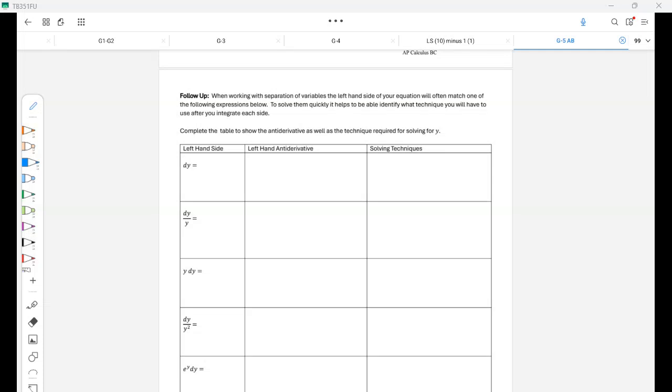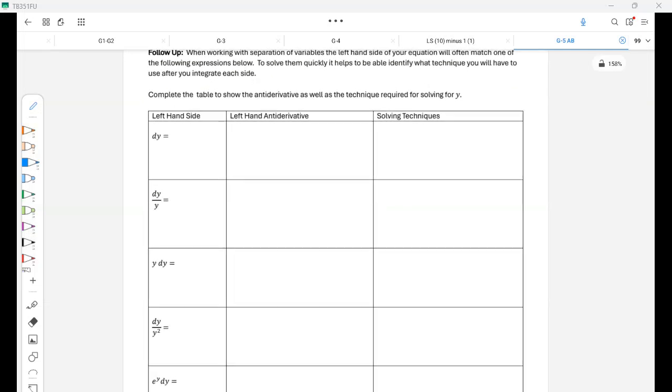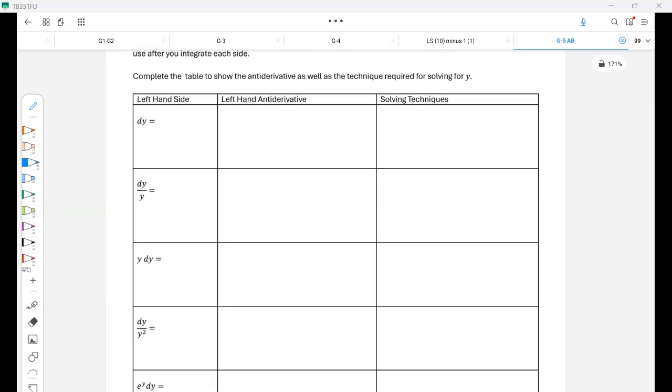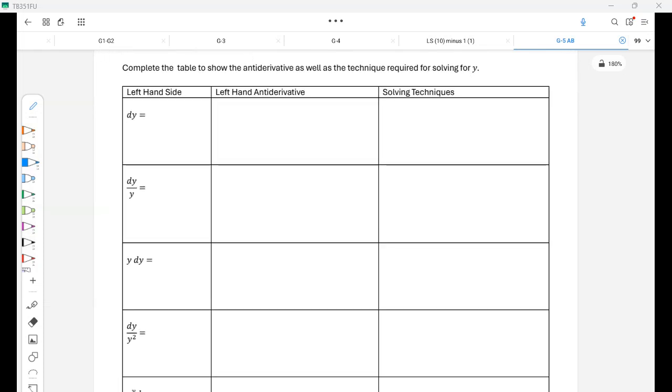Okay, so like I said, there's some patterns that we see here. This just summarizes it. I don't know if we had any examples where after we separated our variables, the left-hand side was just dy. But if I take the integral of dy, what do I get? Y, yeah.